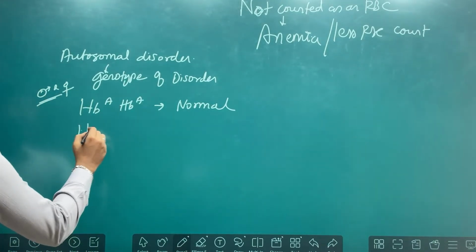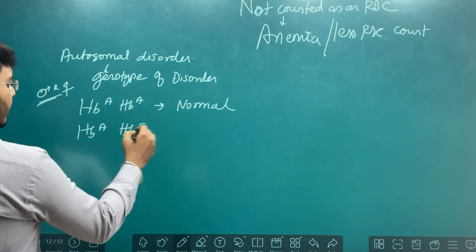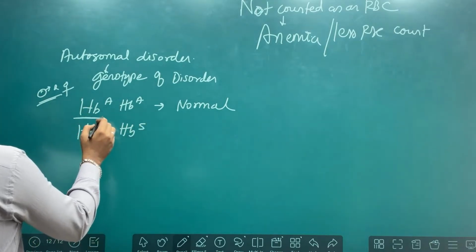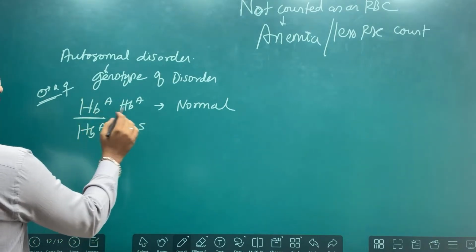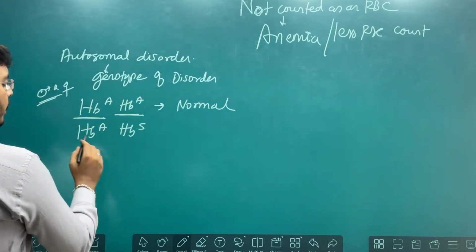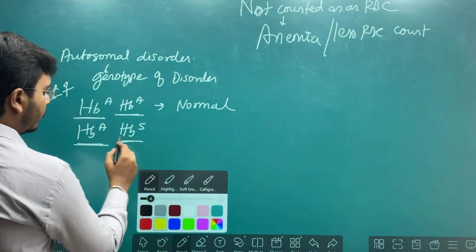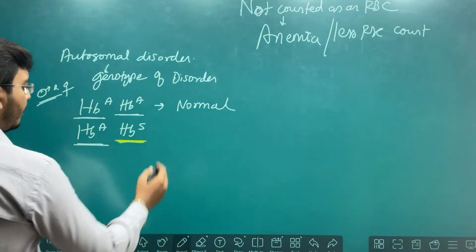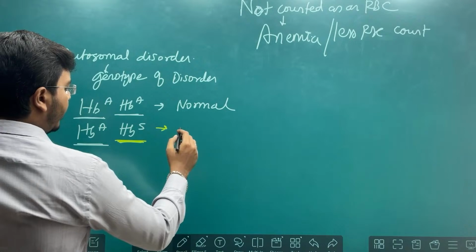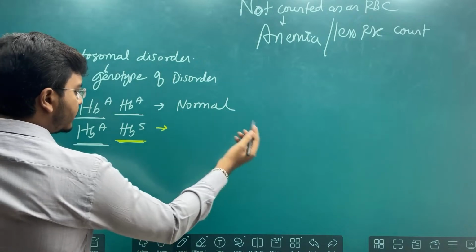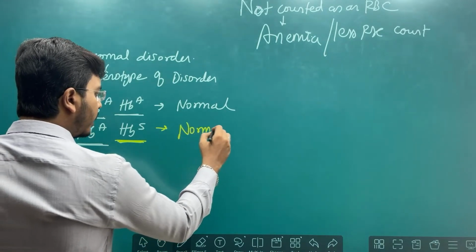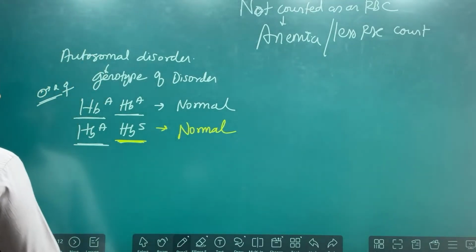Right? HbA, HbS. That means one allele is normal here and one allele is defective here. Do they produce any symptoms? No, still they are normal.